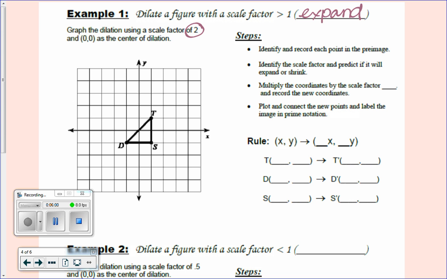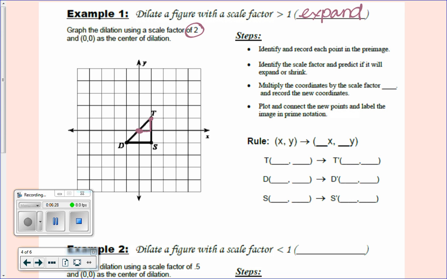Okay, we need to first identify and record each point in the pre-image. This is our pre-image. Okay, triangle DST. All right. So what is point T? What are the coordinates? Here's your origin.